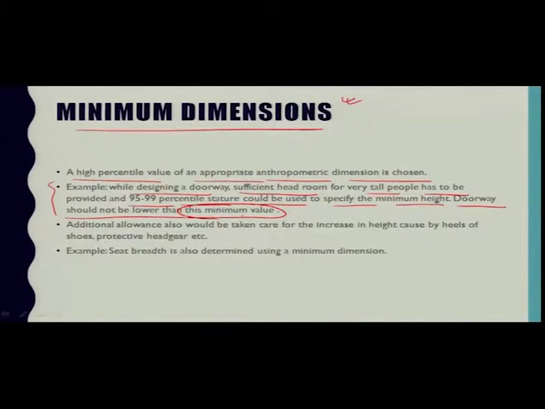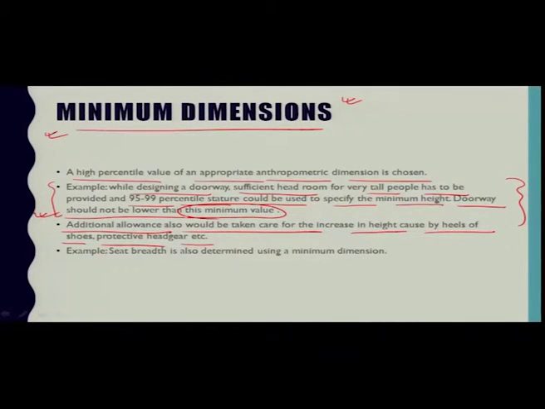This doorway is a very easy example that anyone can take to understand the minimum dimension concept. Here, in designing a doorway, additional allowance would also be taken care of for the increase in height caused by heels of shoes, protective headgear, etc.